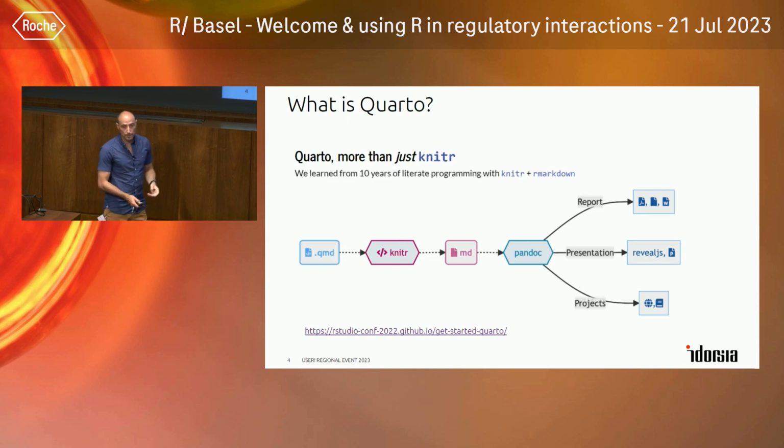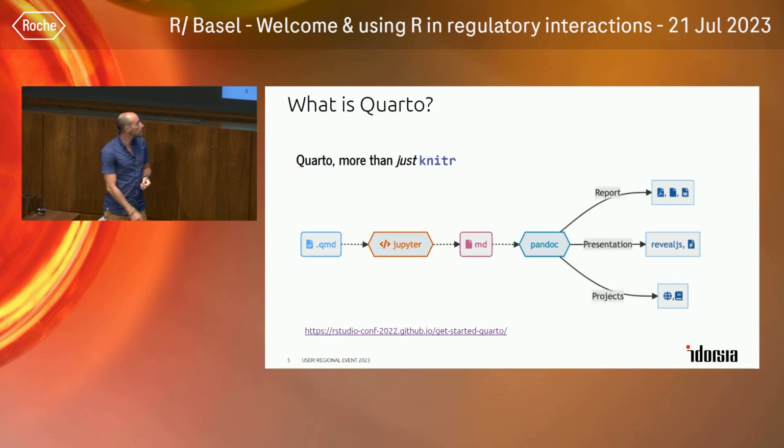And the nice thing is that you can also take another engine with the same Quarto documents. Then you get Jupyter, and then you can run Python. Or you can run Python through Knitr with the reticulate package. This is the solution we're going to see here. Why?